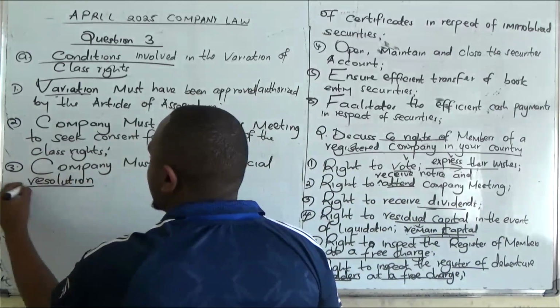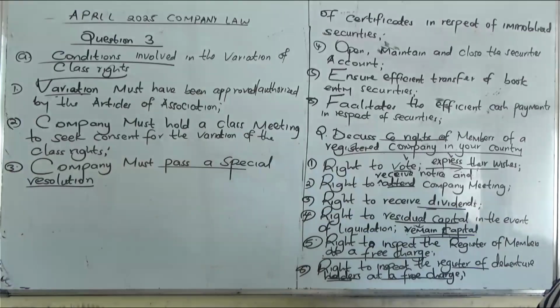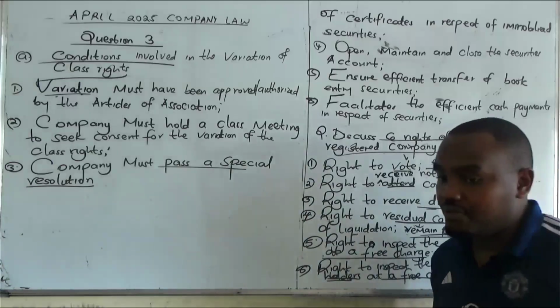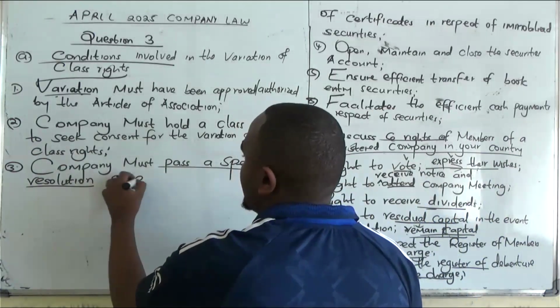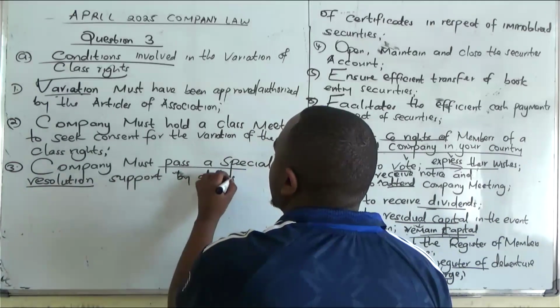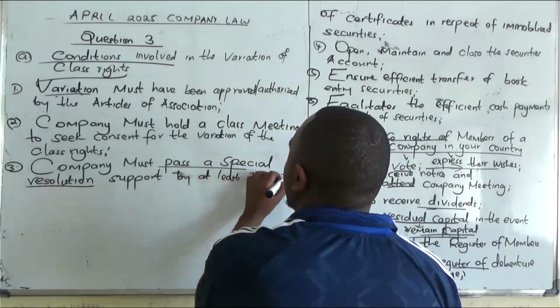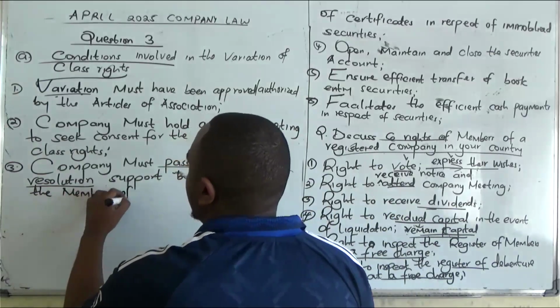During that class meeting, they must pass a special resolution supported by at least 75% of the members of that class. The members of the shareholders.